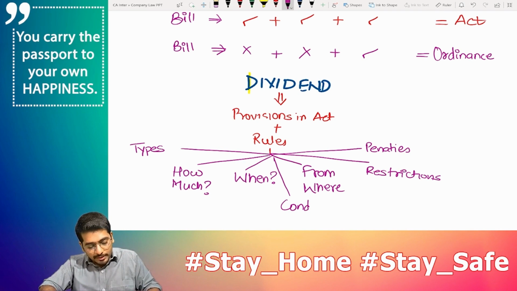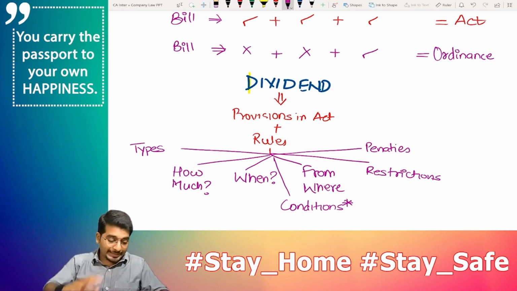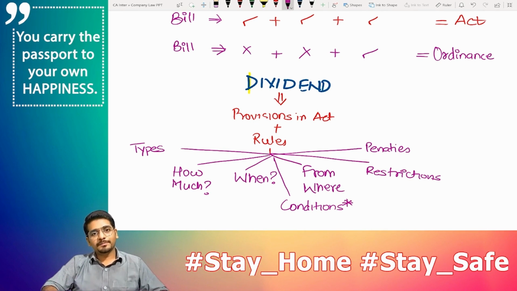Conditions, most importantly. Conditions that you must satisfy if you want to make the payment of dividend. So technically, once you find out answers to all of these questions, your chapter is over. Honestly, once you find out the answers to all these questions, your chapter is over. Nothing left. And that is what we have to understand in this chapter of dividends.